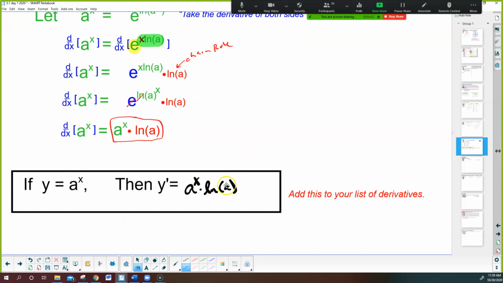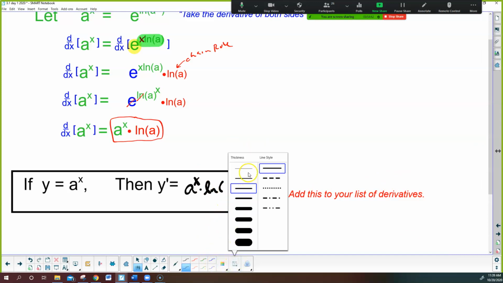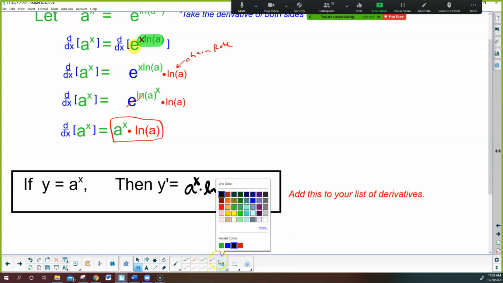The base a is the same base a right here. I'll make that a little clearer. That is kind of a little bit messy. I used a thicker point, so hopefully that looks better. So let me show you how friendly this is if you've memorized this or you remember it.